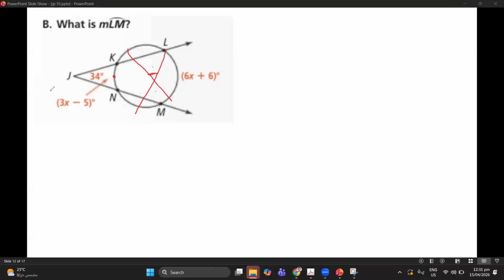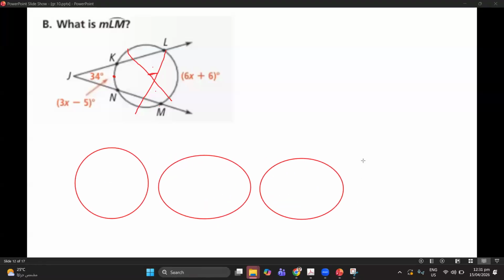So here, let's summarize the four cases that we talked about up to now. In the first case, the angle is at the center of a circle. In this case, the measure of the angle equals the measure of the arc; it is the central angle.